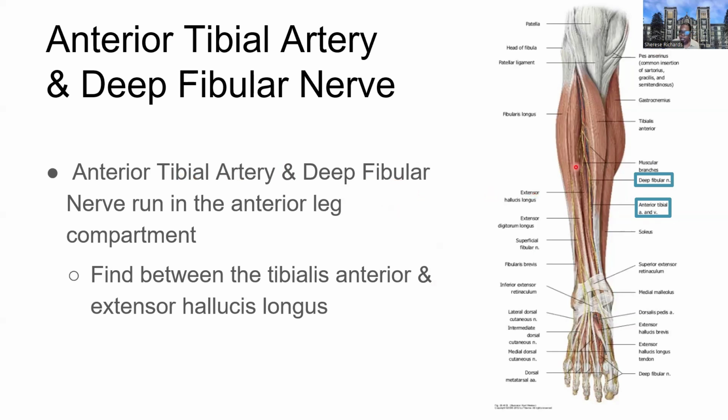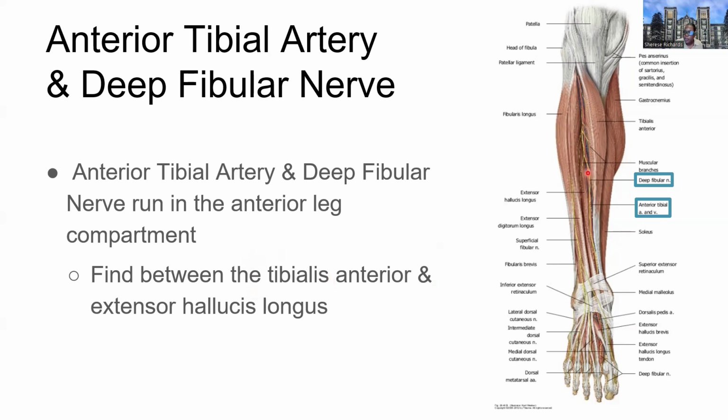But the anterior tibial artery is a branch of the popliteal artery that will then pass through the interosseous membrane of the leg and supply the anterior compartment. Similarly, the deep fibular nerve, you can see it running down here, is also going to pass to the deep aspect of the leg and supply the anterior compartment. The deep fibular nerve is a branch of the common fibular nerve, which will then give off the deep fibular and superficial fibular that will supply different compartments.